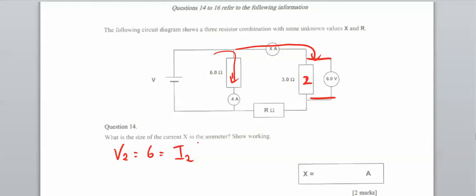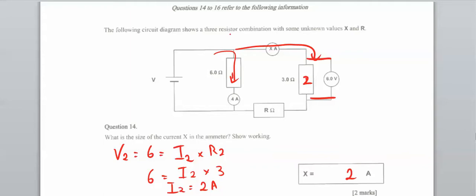The resistance across 2 is 3 ohms. So 6 volts equals the current across 2 times 3, so the current across 2 is going to be 2 amps.